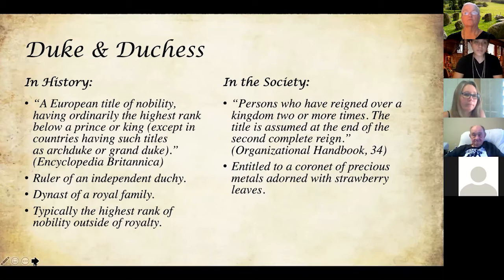Next, we jump to Duke and Duchess. And in history, this set of titles is pretty much identical to princes and princesses in that they were either the rulers of an independent state, typically within the Holy Roman Empire. They were the dynasts of a royal family, whether the immediate children of a monarch, the grandchildren, the brothers, siblings, uncles, what have you.